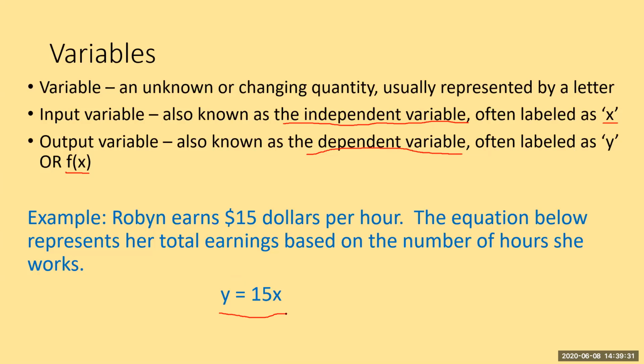So this example starts off with a verbal or a word description of the relationship. It is telling us about the relationship between the amount of time that Robin puts into her job and the amount of money that she gets out of her job.